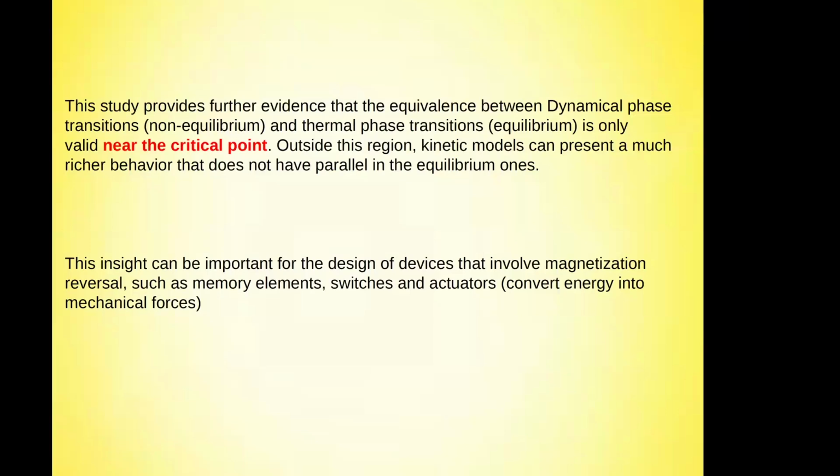And the non-equilibrium system has a much richer behavior. Like, for example, in this case, you say these are equivalent here. Wait a minute, they're equivalent near the critical point. As soon as you go outside the critical point, new effects appear in the non-equilibrium system, as here, where the metamagnetic bands appear.